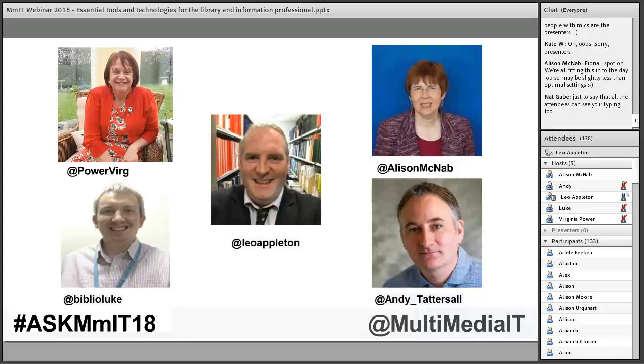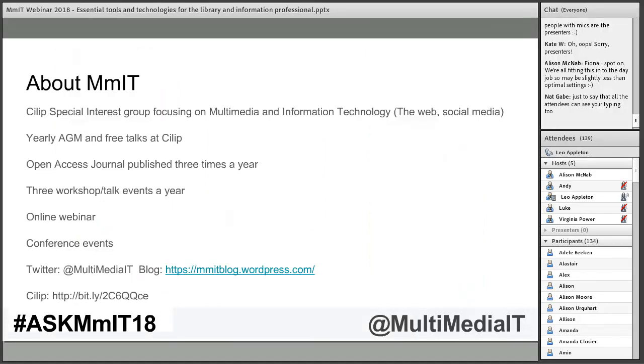Before we actually start the webinar proper, there's a couple of MmIT events I want to draw your attention to. MmIT is a special interest group of CILIP. You may or may not be members of MmIT. Our mission really is to put on events and do research into, and host a blog and create a journal around technology within the library and information profession.